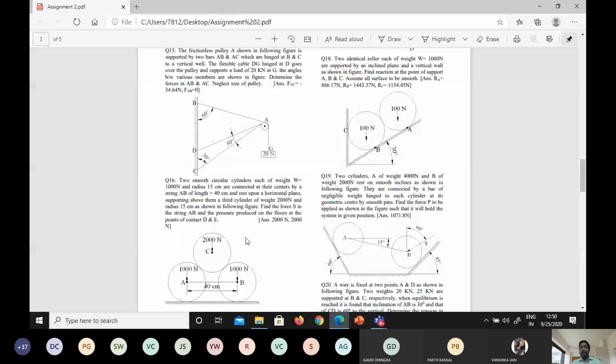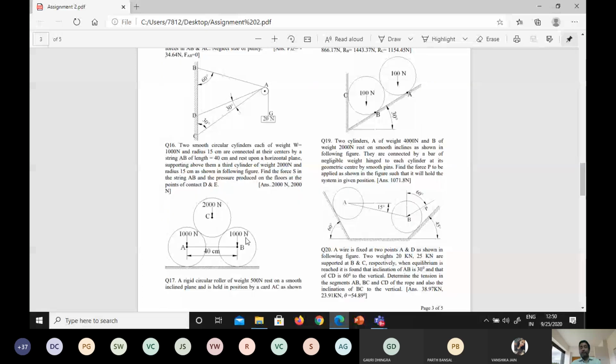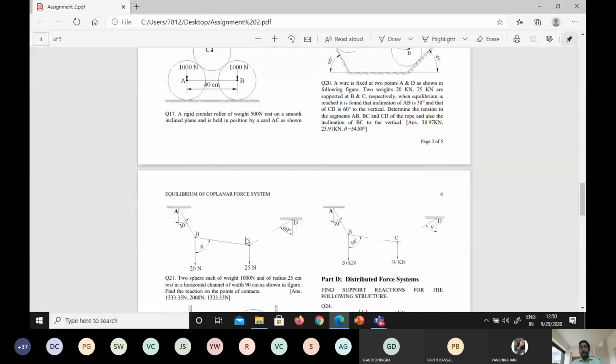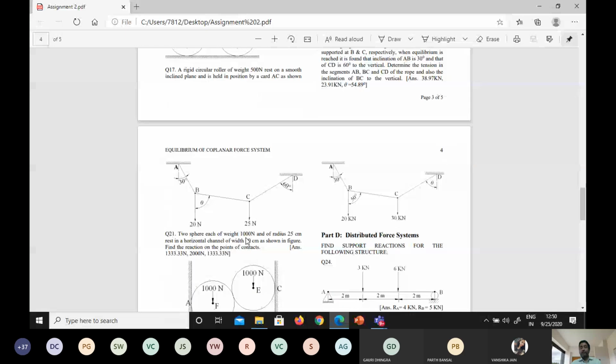Yes, sir, we have discussed in the class, and maybe the values are different, but the type is same. Question number 18 is something different, and then 20 again we have discussed. This type of questions we have discussed in the class. Again, you can see question number 21, we have discussed just like 21.